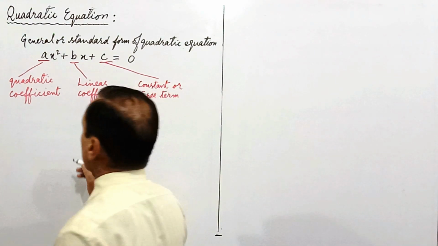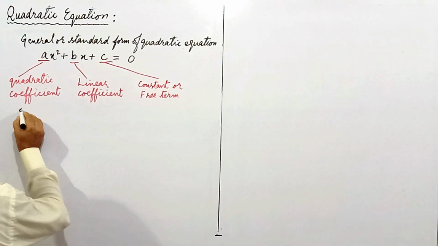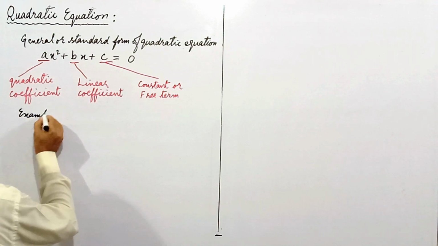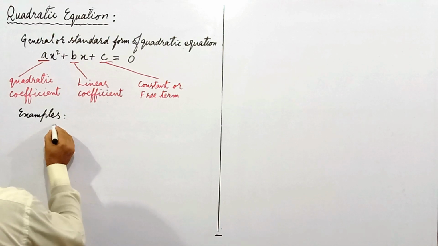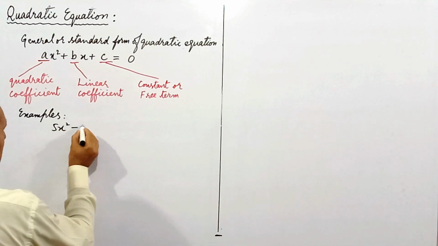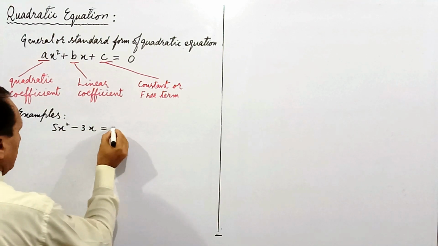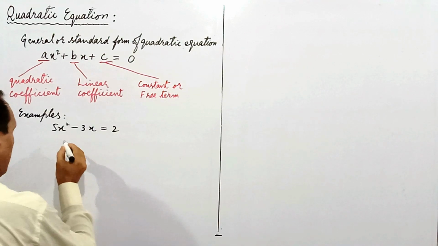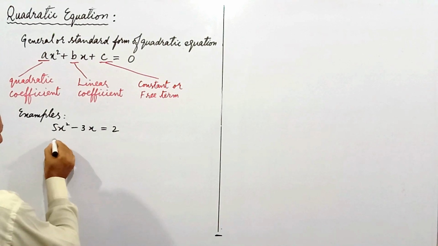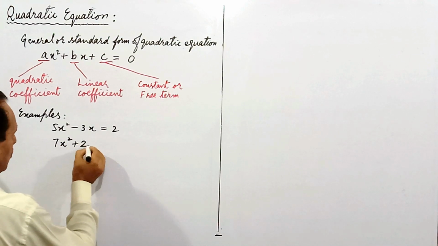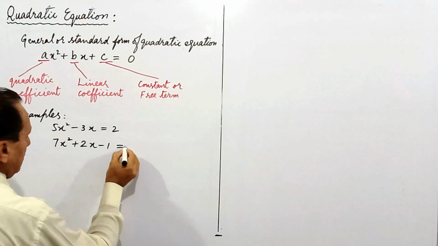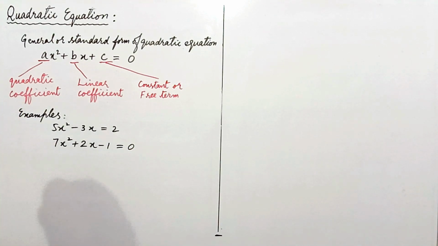Examples of quadratic equations are 5x square minus 3x is equal to 0, or 7x square plus 2x minus 1 is equal to 0.